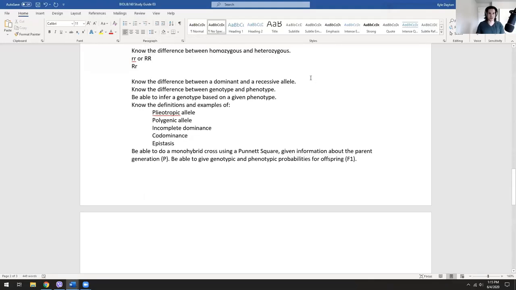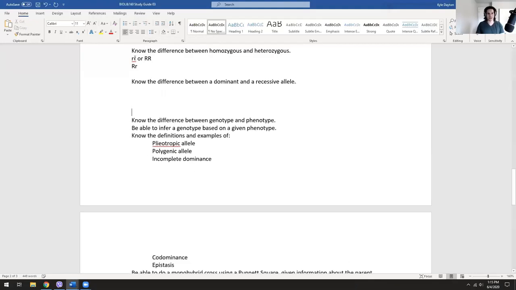Okay, know the difference between a dominant and a recessive allele. Usually your recessive alleles are going to be masked by your dominant alleles, and so as long as you have a dominant allele present, the recessive allele will not be fully expressed.